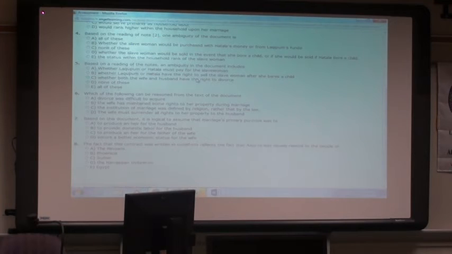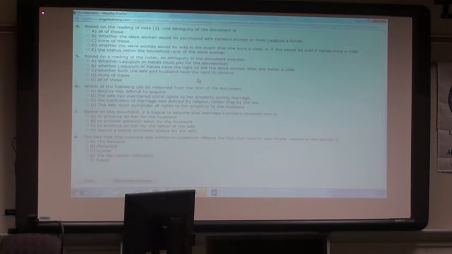It's in the document somewhere. Yeah, it looks like the same question. It's been a while since I wrote that up. Maybe there's a reason for the difference here. Okay, 6. Which of the following can be reasoned from the text of the document? That pretty much tells you which kind of question this is. Is this one where it's going to be right there in the document? It's going to be one where the facts are in the textbook and you have to match them to information in the document.